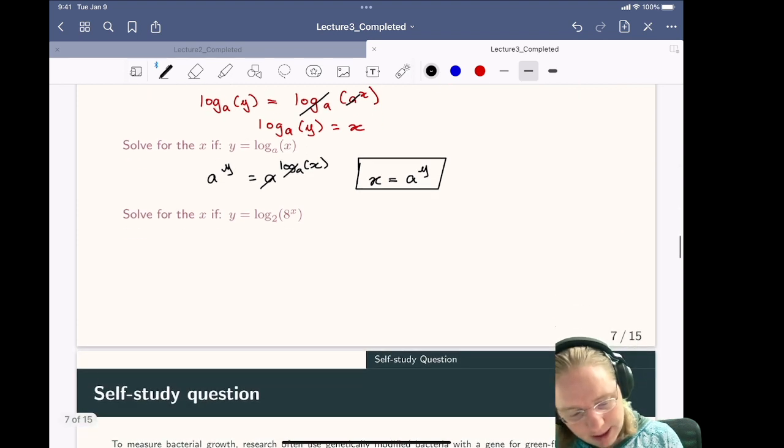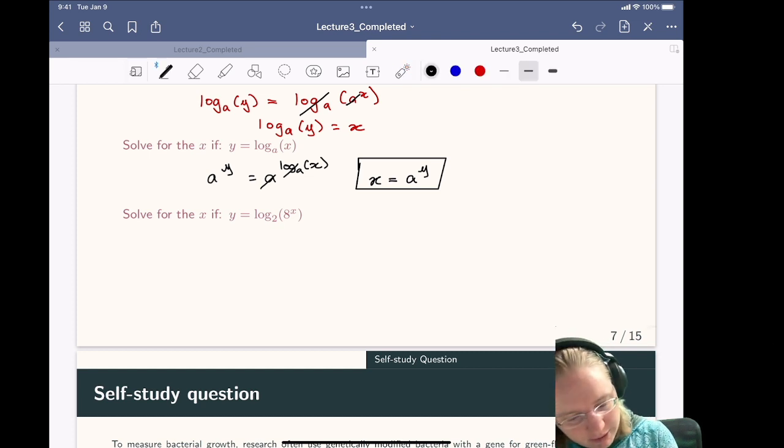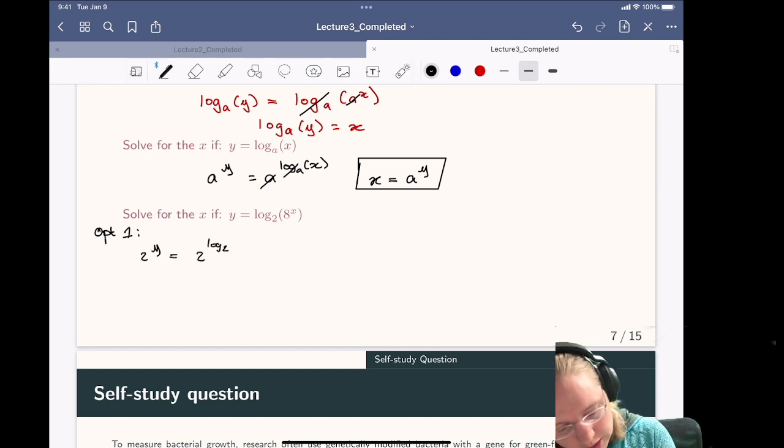Okay, a final example. Suppose we're trying to isolate x. In this case, there are two options that we have. The first option is that we could recognize that this is a logarithm, a log base 2. So we can raise both sides to the 2. So we have 2 to the y is equal to 2 to the log base 2 of 8 to the x.